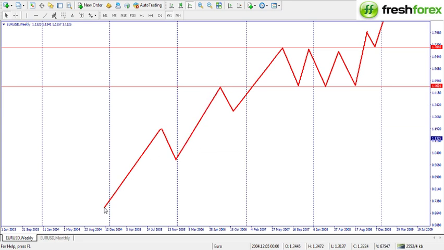So observe this move. We have a move up, then there's a correction. I'll mark down here. This is the lowest low we can see on this chart. The lowest low. Then price proceeds up, then it comes down. This is now a higher low.